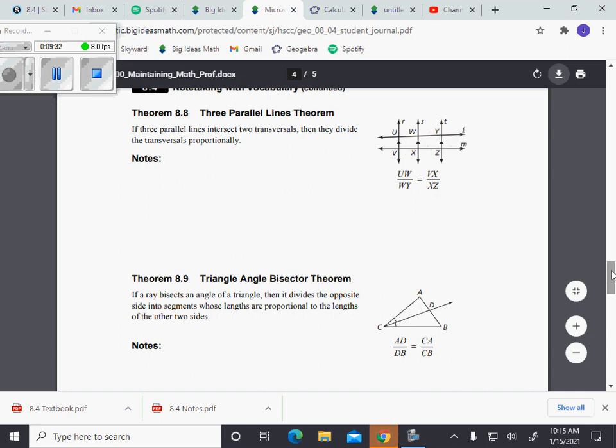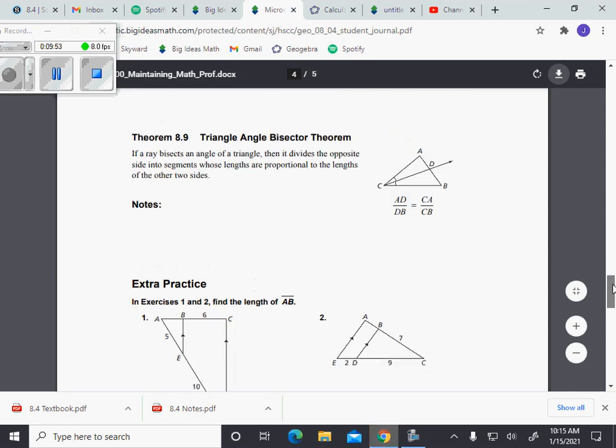So for example, if this was 5, this was 7, this was... oh, this is actually going to be 5, this is going to be 7 as well. That's a bad example. We'll get through it. We'll get some more examples here in a minute.